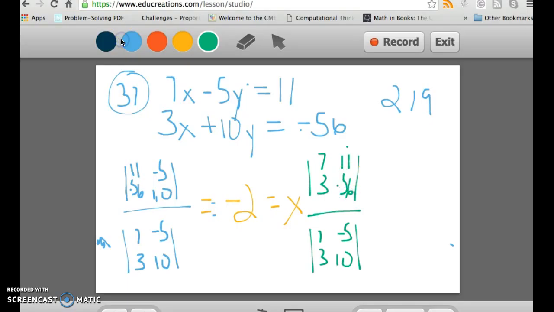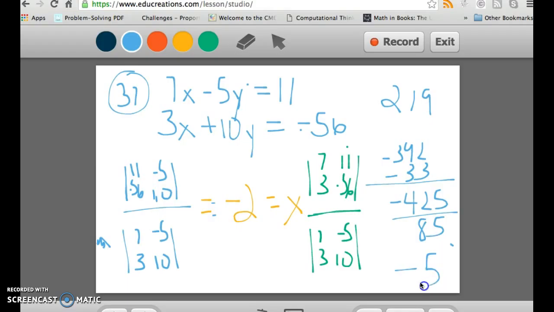And so we're going to redo this side, and 7 times -56, I believe, is -392 minus 33, which is 11 times 3, to get -425. -425 over 85, and that's -5. So y equals -5. So we should have y equals -5 and x equals -2.